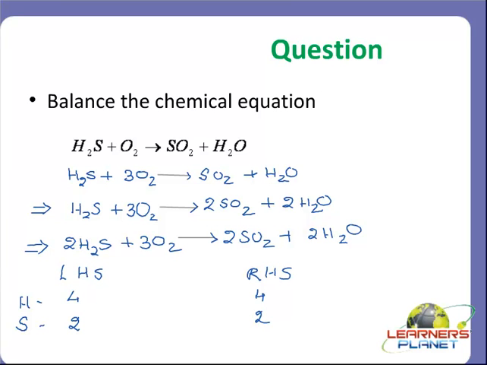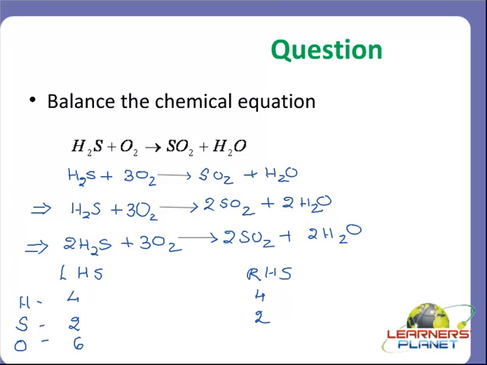What about oxygen, children? How many oxygen are there on the LHS side? It's 6. And on the RHS side, just count. 2 2s are 4, 4 plus 2 is 6.